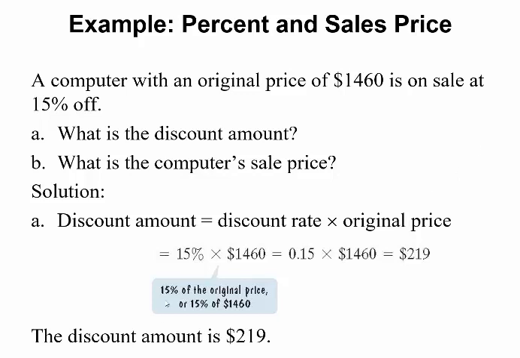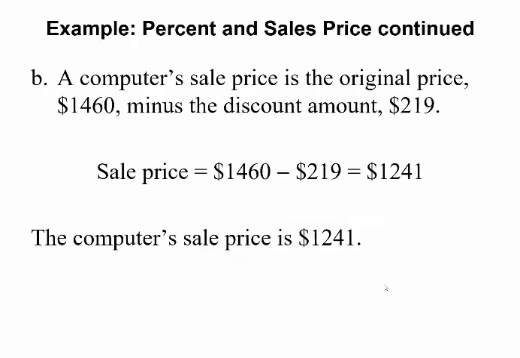So the store is knocking off 15%, so it's 15% of the original price. Take your 15%, turn it into a decimal, and multiply it by the original price. When you do that, the store is taking off $219 for you to buy this computer. So the discount amount is $219.